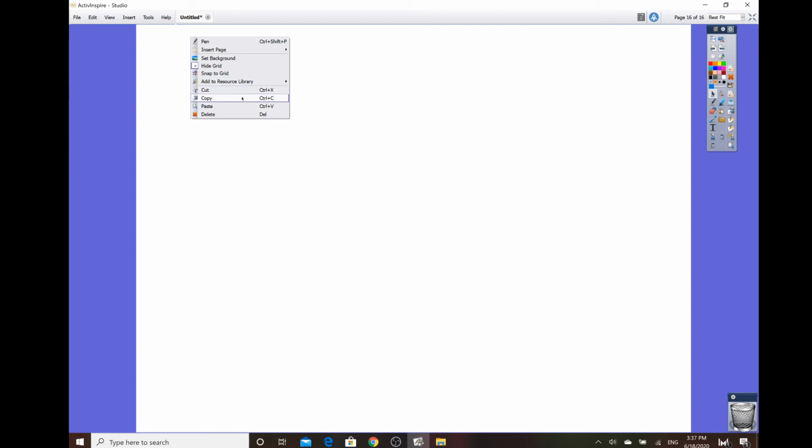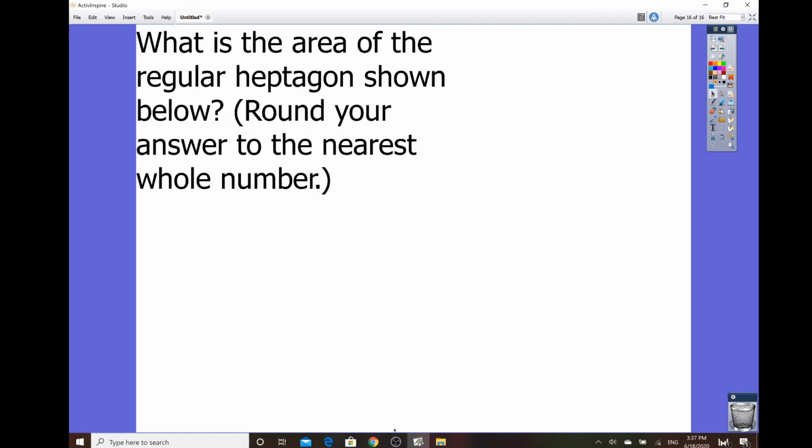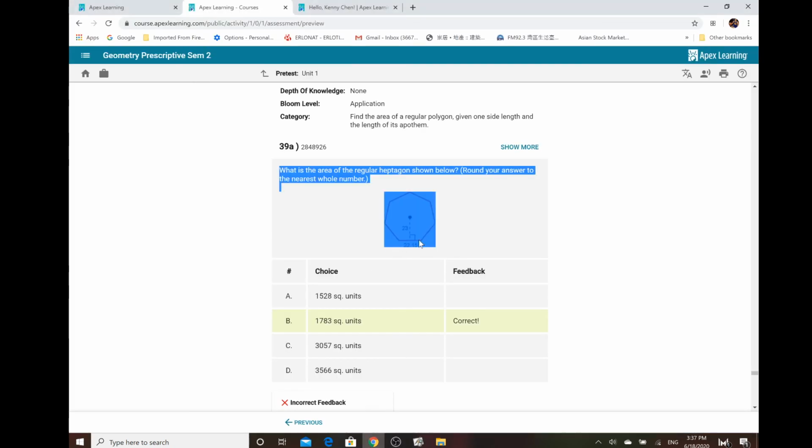The way to find the area of a regular polygon, regular meaning all sides are equal and all interior angles are equal. And you need to round it, so that means you have to use a calculator. And also the diagram that I have, this one is a heptagon.